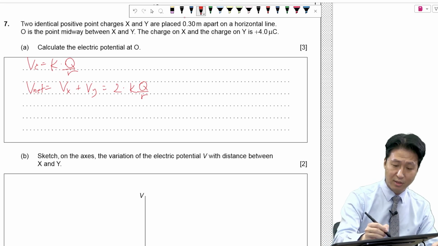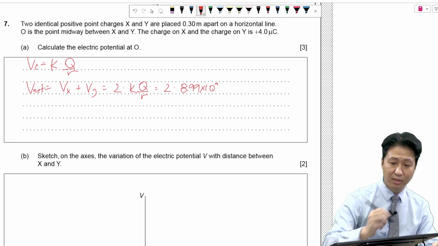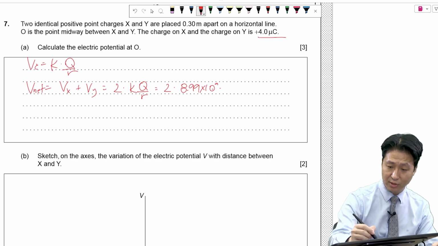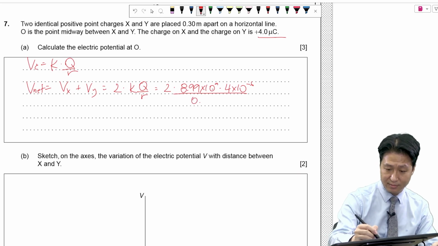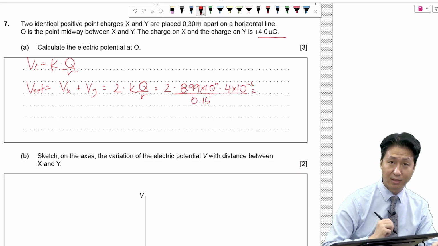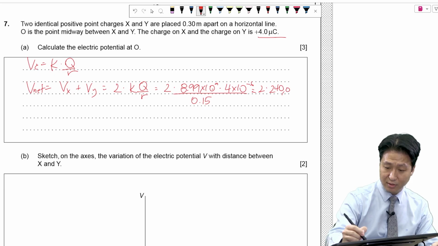Using the values, we would get 2 times 8.99 times 10 to the 9th with the Coulomb constant. It's microcoulombs, so 4 times 10 to the negative 6 coulombs divided by the distance being halfway, which is half of 0.3, so it's 0.15 meters. Just calculating the first part here is going to be 2 times about 240,000.